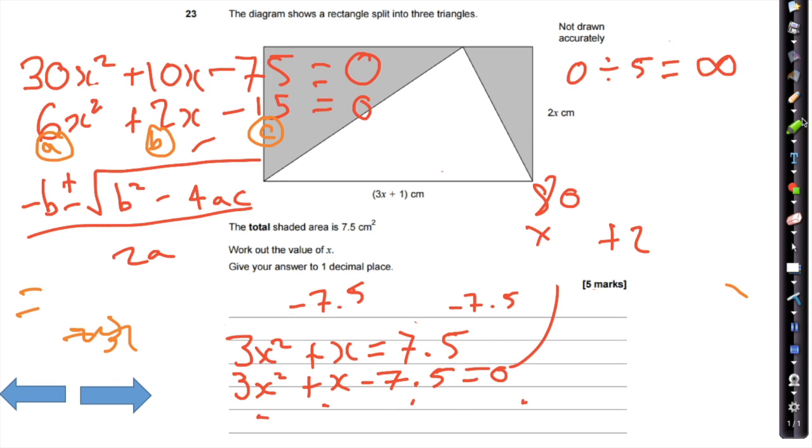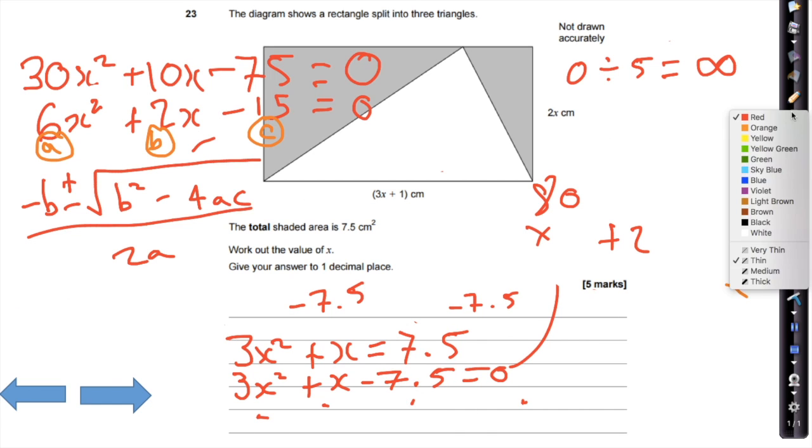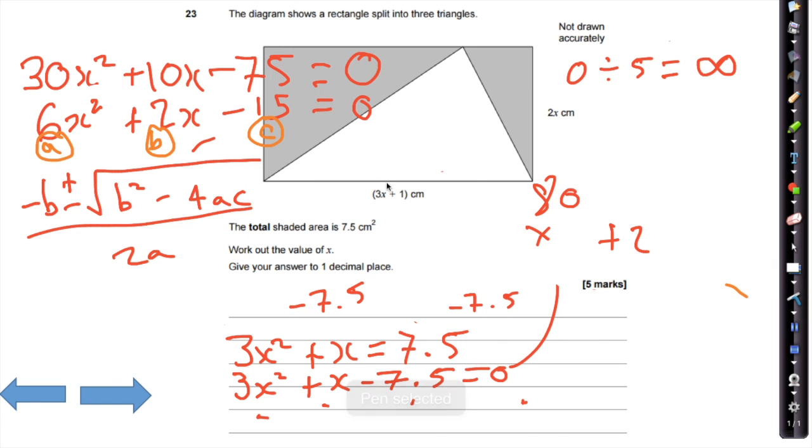So to put them into the quadratic equation, again, let's just make a little bit of space. Minus b plus or minus the square root of b squared minus 4ac is going to be minus 2 plus or minus the square root of 2 squared, which is 4, minus 4 times 15 times 6.